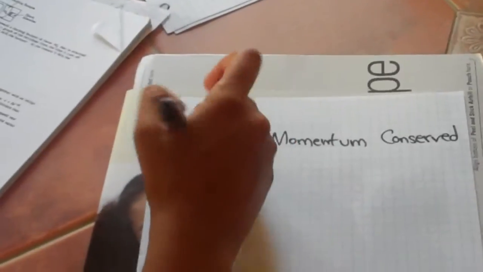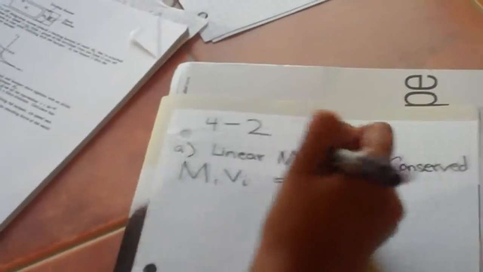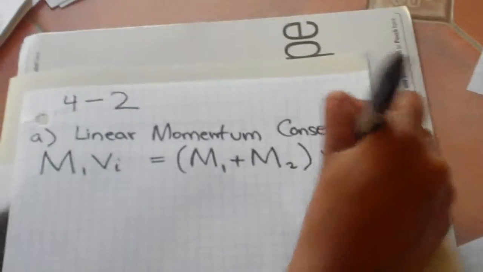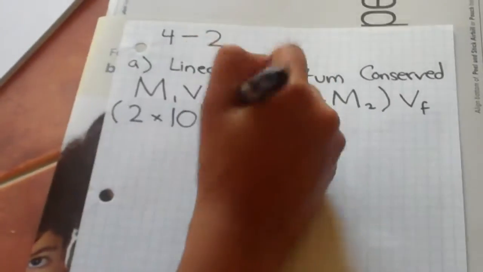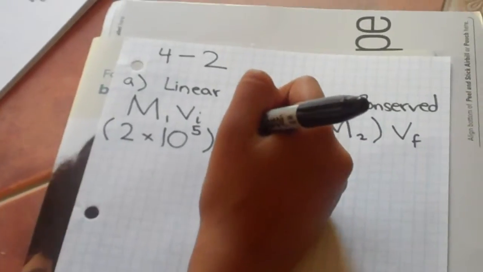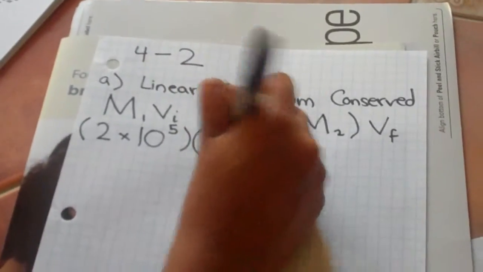So that means that m1 of the ferry boat times v initial is going to equal the total mass, which is m1 plus m2 from the inelastic collision, times the final speed of both of them together. So we know from the problem that m1 equals 2 times 10 to the 5, and we are also given that vi equals 3 meters per second.